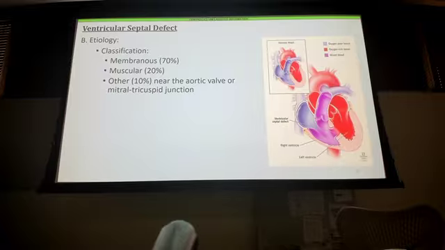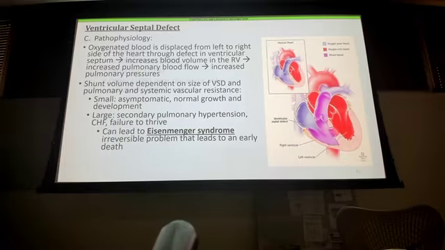So there's a couple of different classifications on where it could occur, which is not really that important from a primary care standpoint. It's important if you're going to be the surgeon fixing it, but you can see there's a couple of different places where this could develop. But imagine the consequence of having this defect.